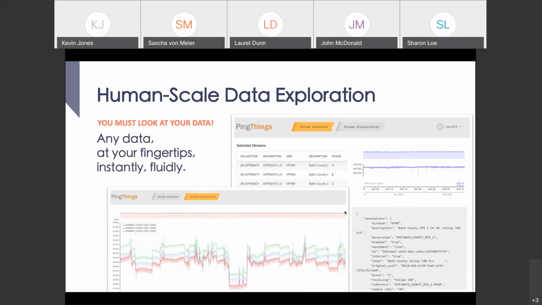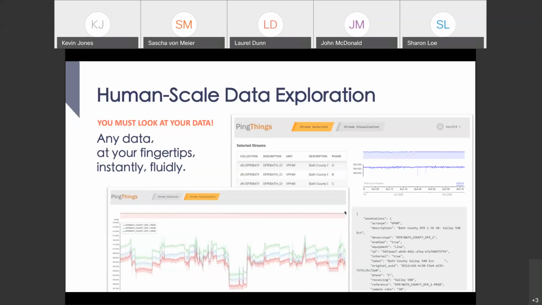And it underscores a fundamental principle that you should be thinking of when you're working with data. And that is, you must look at your data. It is the first and the 50th and the 100th step in any analytics pipeline. And so the purpose of these tools is just to make sure that any data that you want to see is at your fingertips virtually instantly.